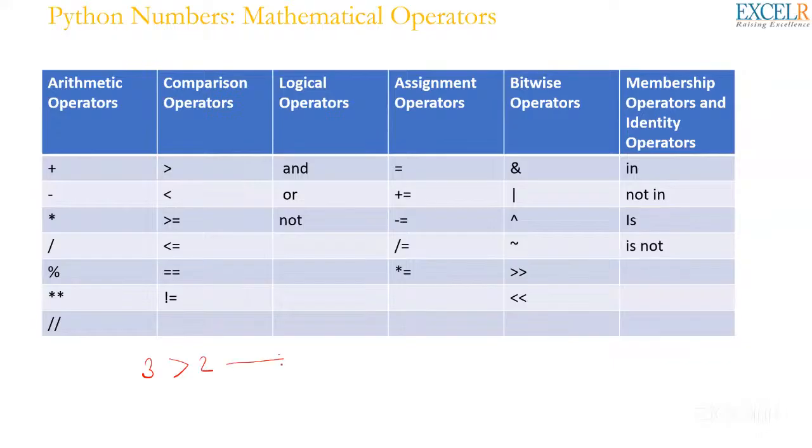You get an answer which is a Boolean true. As I said, bool or Boolean is another data type which comprises of true or false. And if I had done 3 less than 2, it would have given me false.